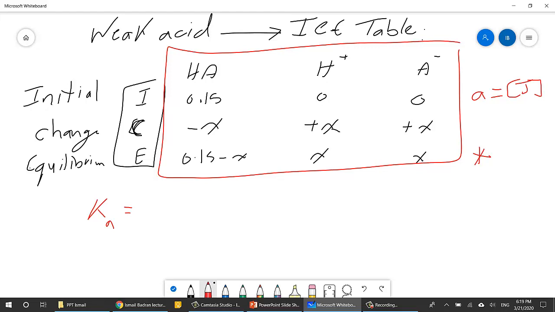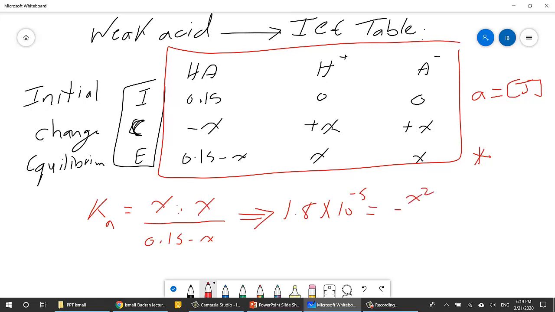So Ka in this case is equal to the concentration of H plus at equilibrium, which is X, times the concentration of the A minus, which is again X, divided by 0.15 minus X. Now we know the value of the Ka, which is 1.8 times 10 to the minus 5. That's equal to X squared divided by 0.15 minus X.